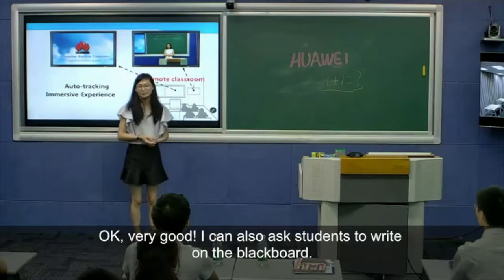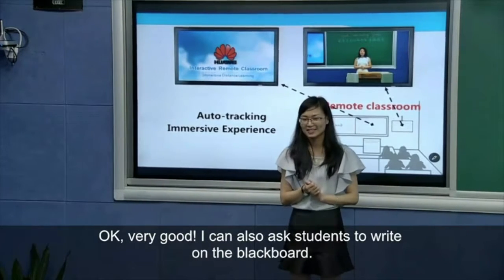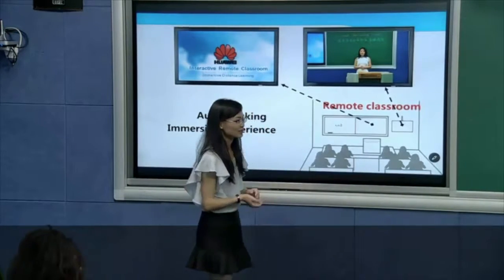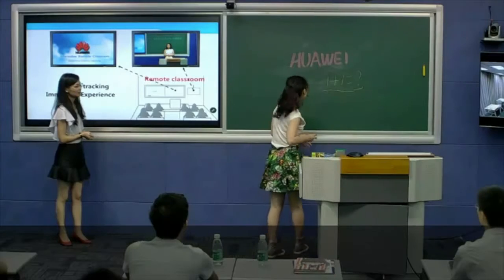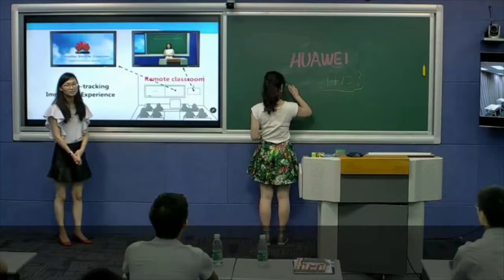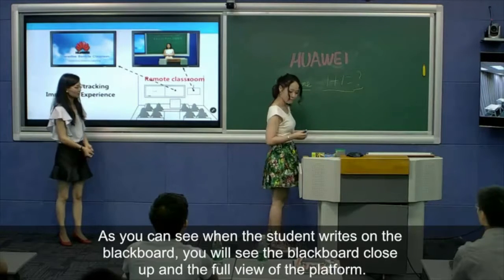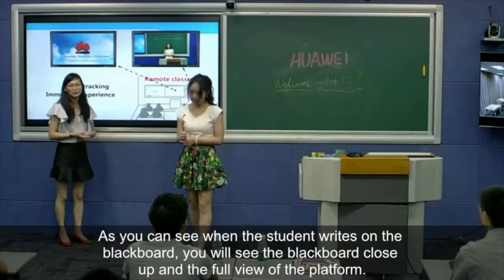Okay, very good. I can also ask a student to write on the blackboard. Okay, would you please, Jessica? As you can see, when the student is writing on the blackboard, it will show the blackboard close-up and the full view of the platform.